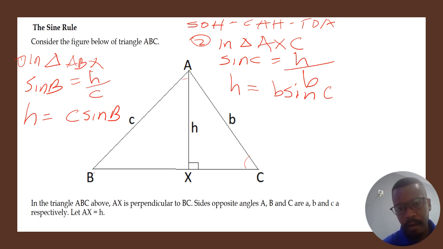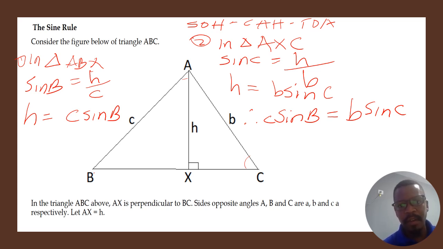Therefore we can say that, this should be small c, sorry, small c sine B should be equal to b sine C.